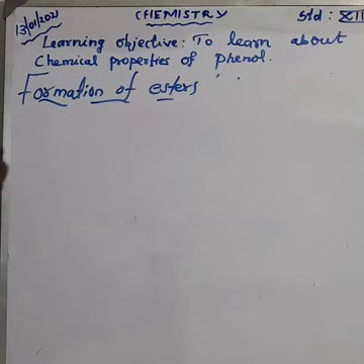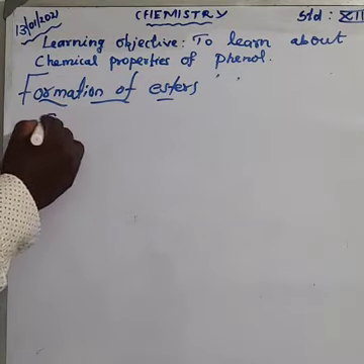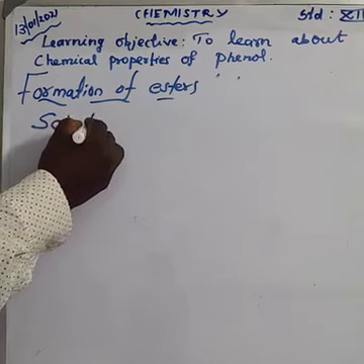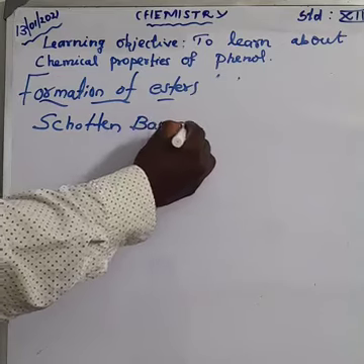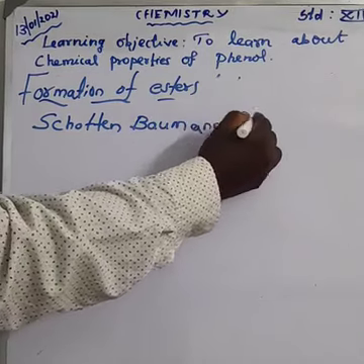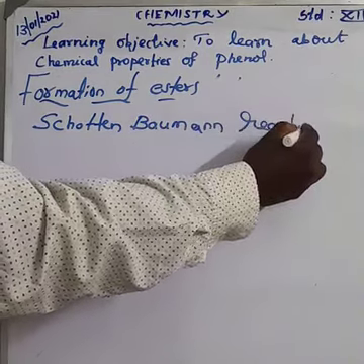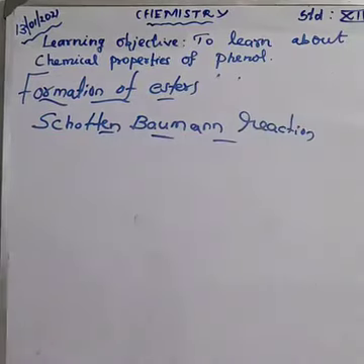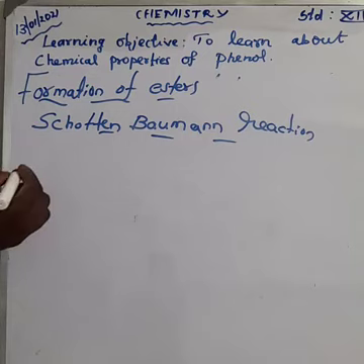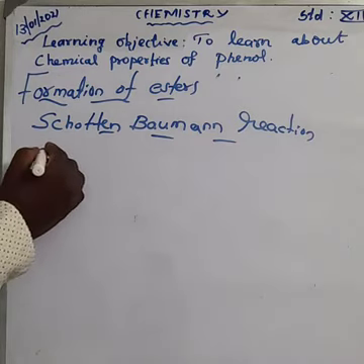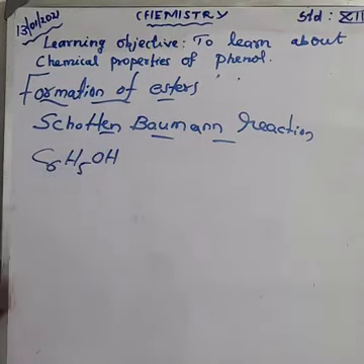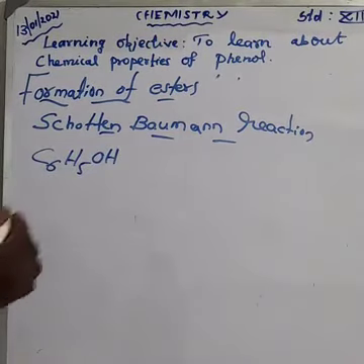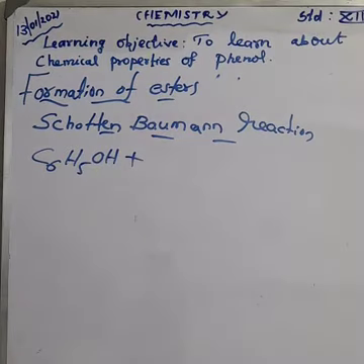Okay, that is the Schotten-Baumann reaction. Here we are taking phenol. What is the formula for phenol? C6H5OH, phenol. This phenol reacts with acetyl chloride.